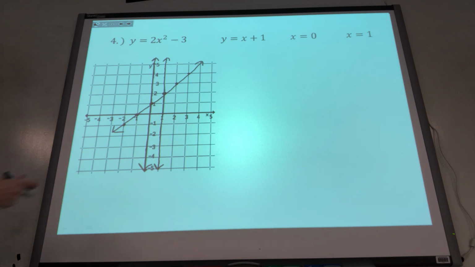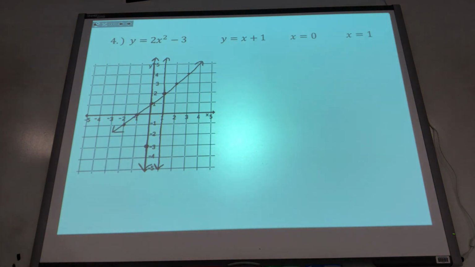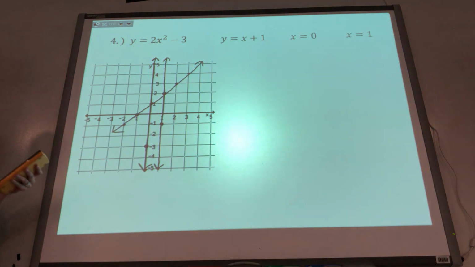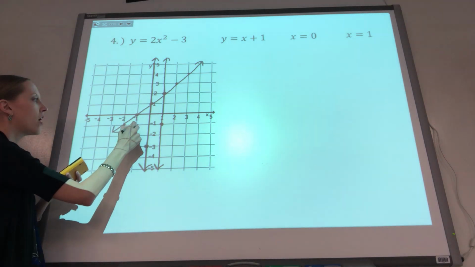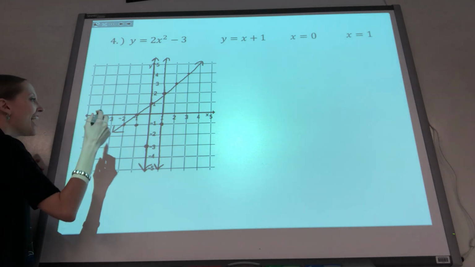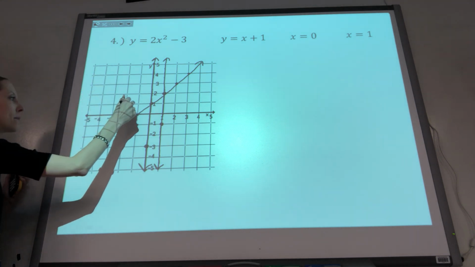The vertex should be down at -3 on the y-axis, but I'm looking at my table for some other points. 1, -1 is a nice point. Also, -1, -1 is a nice point. And that's probably all that we need. If you want to do a couple more, they would fit up here.